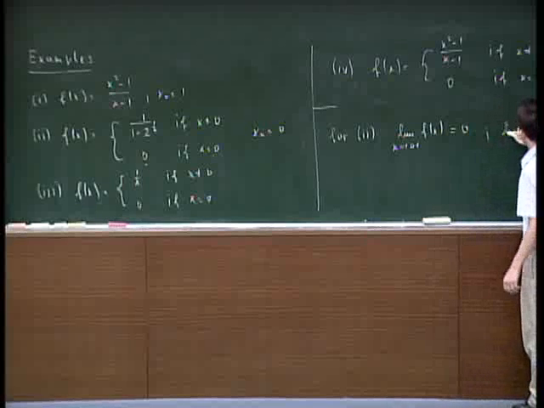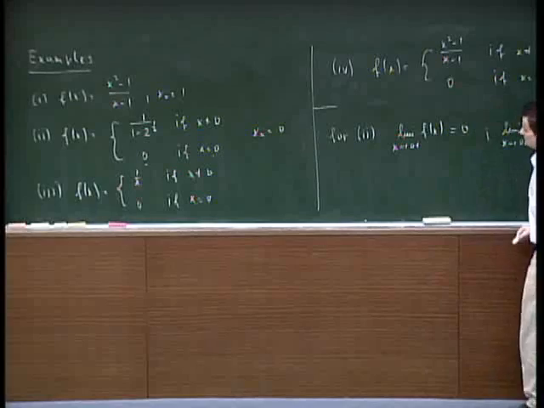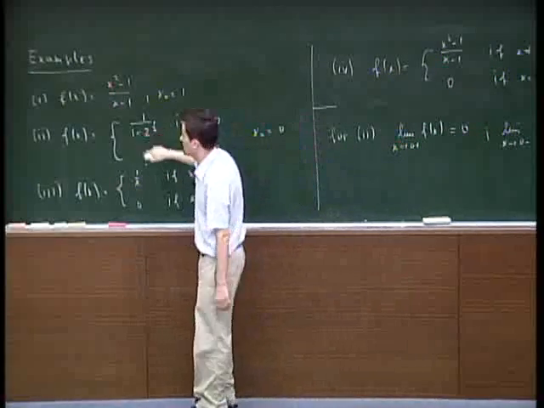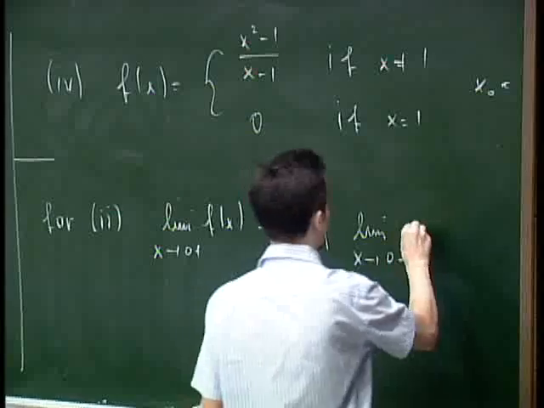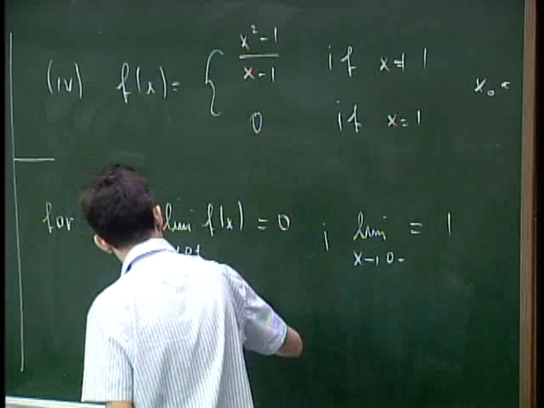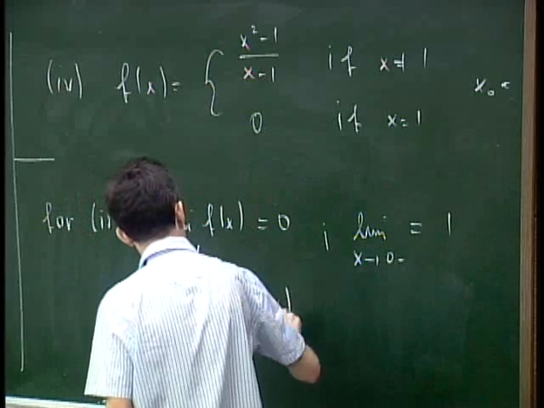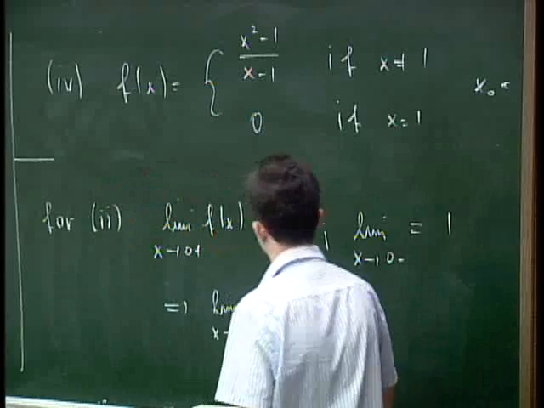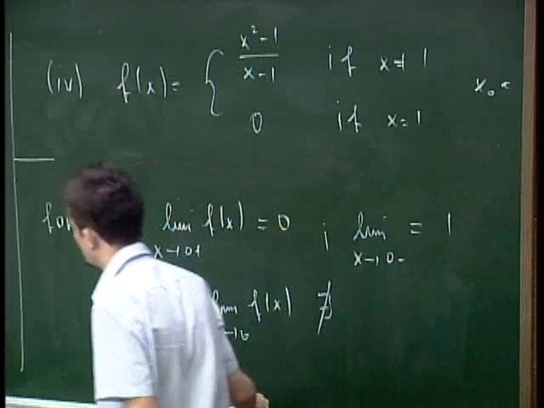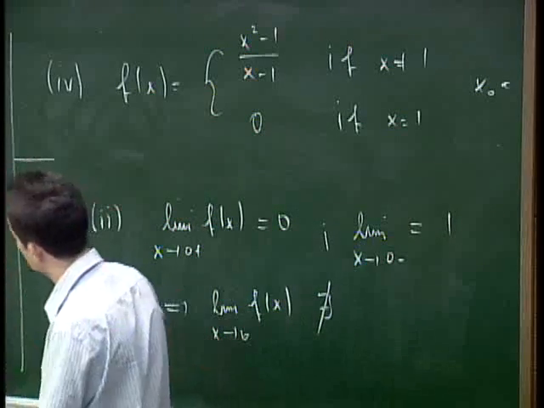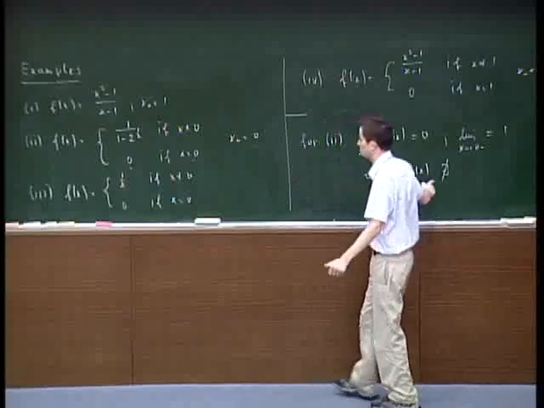And the limit as x tends to 0 from the left: now this is getting smaller and smaller, so 2 to that power tends to 0, so everything tends to 1. From this we see that the limit does not exist. So also this function is not continuous at 0 because it doesn't meet the second requirement. The first requirement is satisfied, but not the second one.